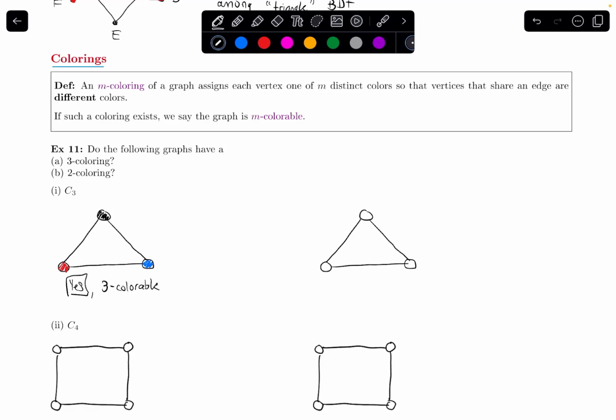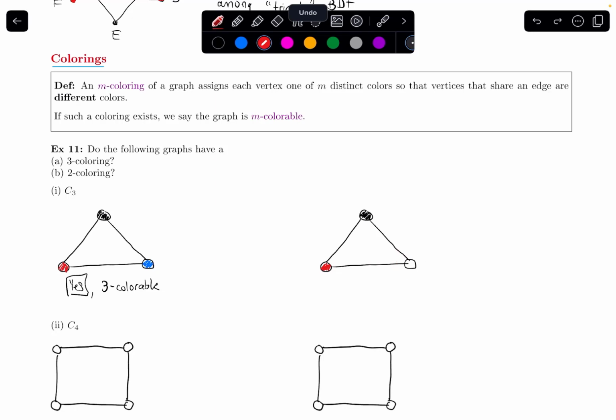Okay. So now can I do it with 2 colors? Well, I can pick any vertex to start with and just assign a color to it. So maybe I'll make this one black. Because this one shares an edge with the black vertex, it's got to be a different color. So maybe I'll make that one red. But now this third vertex shares an edge with the red one and with the black one.